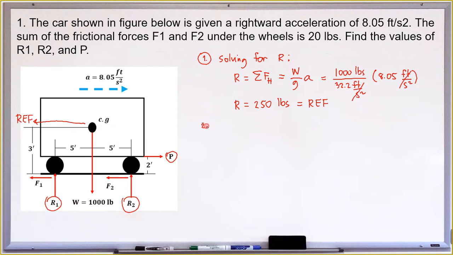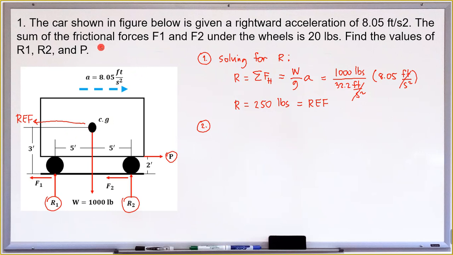So I deleted it. The second step is to take a summation of moments. In the figure, no pivot points are given. To make the solving easier, this is the challenge: you should pick a pivot point in which you can cancel out at least some of the unknown forces.